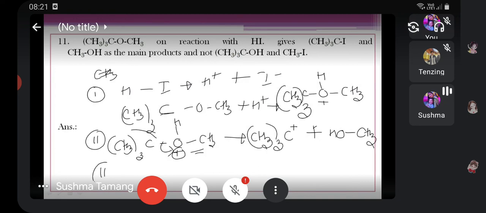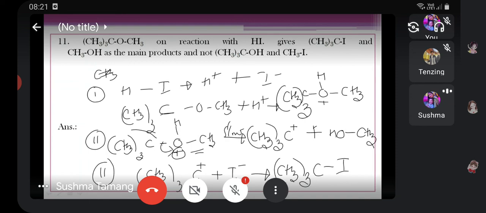Finally, you have the carbocation, and this is the slow step. The fast step is that as soon as you get the carbocation, I minus is there, and the two will combine and we will get (CH3)3C-I as the product. So this is the stable carbocation.